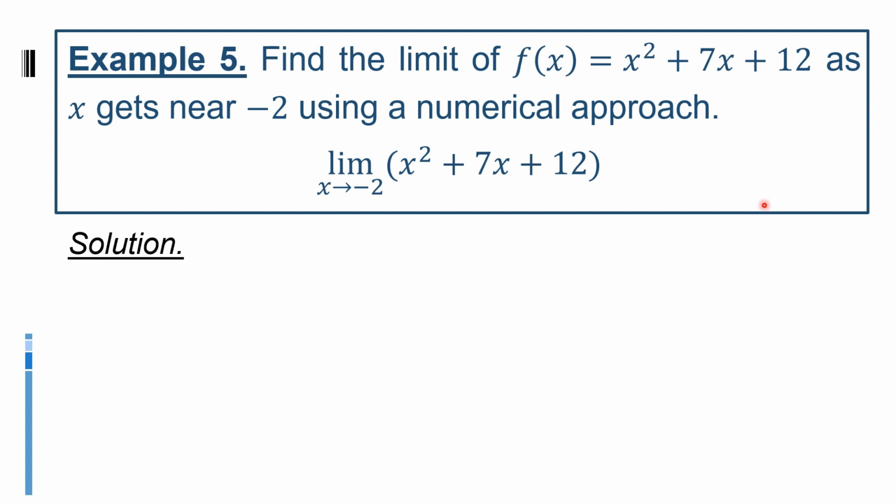So for our solution, we have our x negative 2. So ang gagawin natin yun, kukuha tayo ng values na malapit kay negative 2 from the left at kukuha tayo ng values na malapit kay negative 2 from the right. And then, i-evaluate natin yung function using those values and observe kung ano ang number na i-approach ng f of x natin.